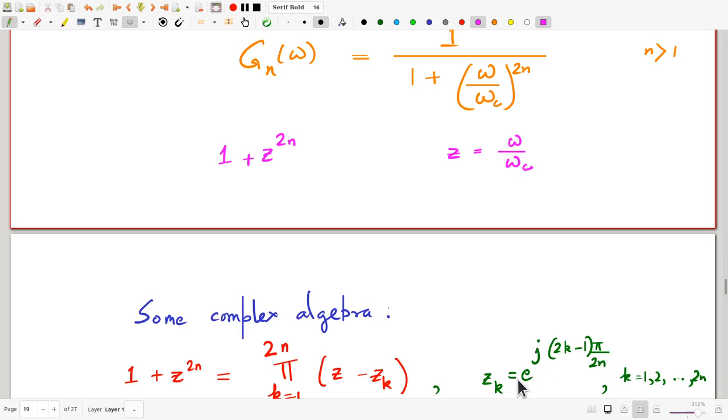And a very simple amount of complex algebra would tell you that this is what the z's are going to be. Notice that k here runs from 1 up to 2n and stops there, because if you go beyond 2n, you keep on repeating the roots over and over again. So these are the 2nth roots of minus 1.